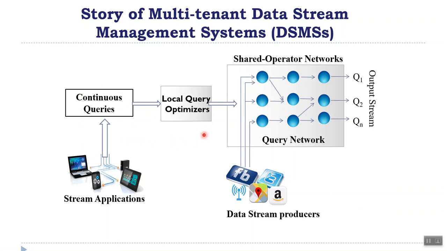What the query optimizers do is look at those continuous queries and identify those that are querying the same data streams and those queries that have common sub-expressions in them. And from those queries, it can build a shared operator network in which one or more queries can actually be sharing one or more of those physical operators. This is a very simple explanation of how data stream management systems handle continuous queries.